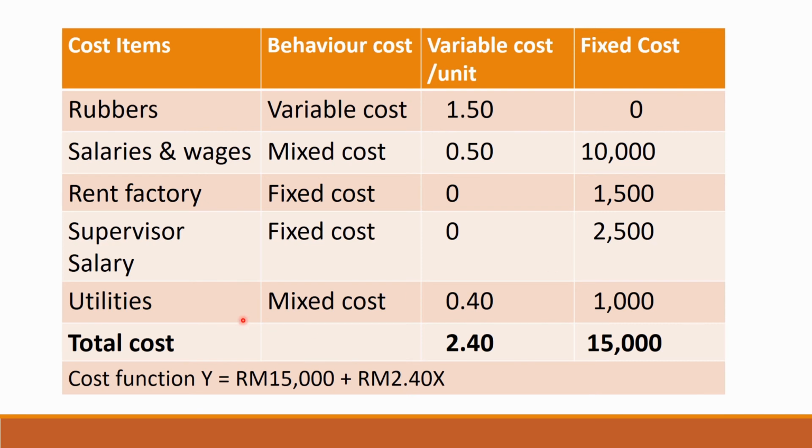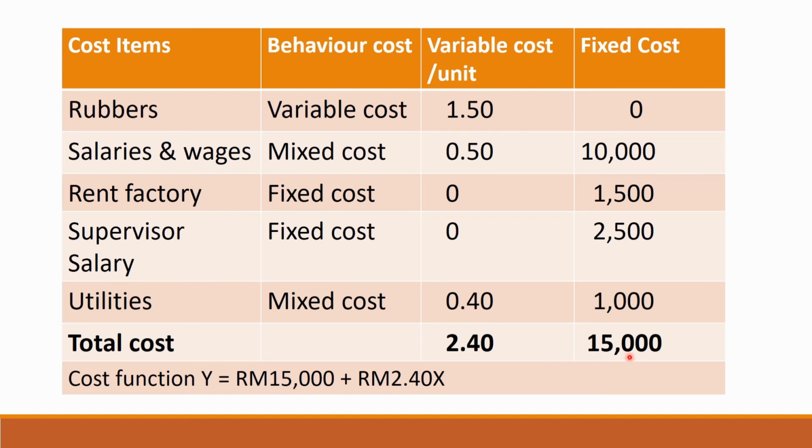Utilities consist of variable cost per unit and fixed cost, so this one is classified as mixed cost. After that, we have to calculate total cost. For variable cost per unit, you have to add all these amounts: 1.5 plus 50 cents plus 40 cents, and then you get the total variable cost per unit.